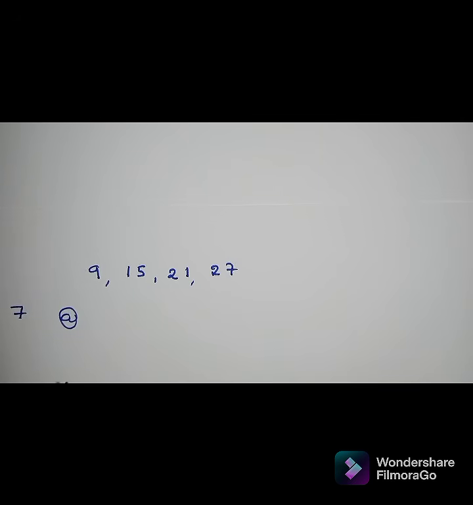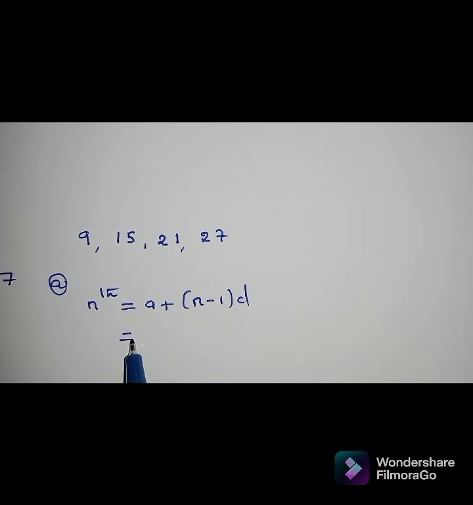So for question 7, we've been given these terms. And question A, they would like us to find the 12th term. So we need to use the formula nth term is equal to A plus, open bracket, n minus 1, multiplied by D. So in this case, what is our A?